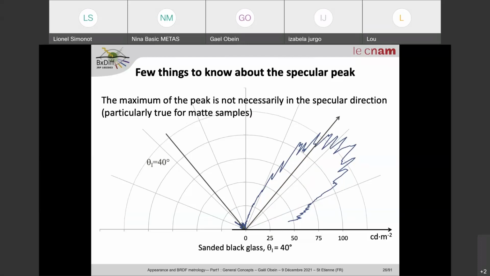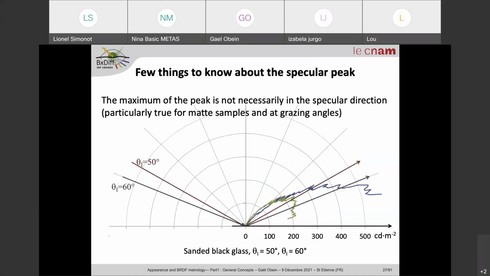And it's true more for matte surfaces. It's also more true when you increase the zenith, even at 60 degrees. This is the blue one, and you see we are completely off. And here I can't do more, but maybe it goes even higher at grazing angles.